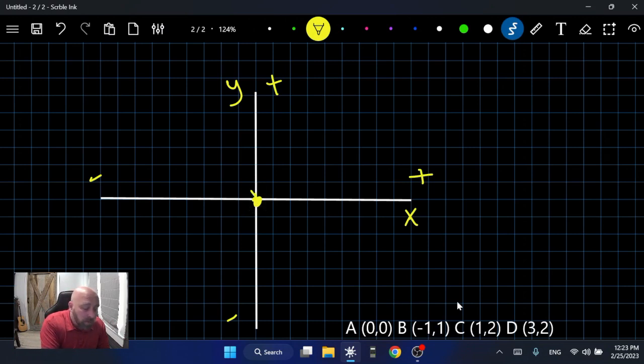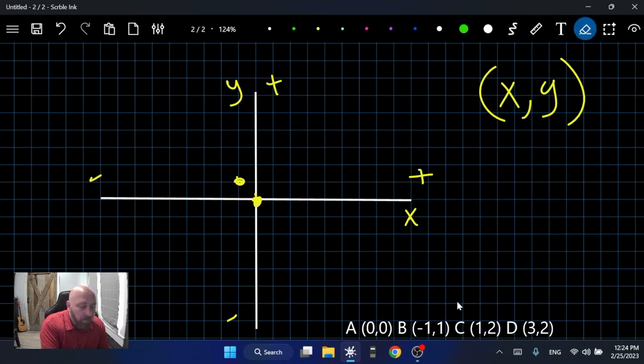So B is negative 1, 1. We go negative 1, 1 to the left because it's negative on our X. Remember, it's always in the format X, Y. So our first number is on the X, that's negative 1. Our next number is going up on the Y, so that is going to be right here. There's our second point. I'm going to blow this up in a second and label it, but for now, let's just put these points on.